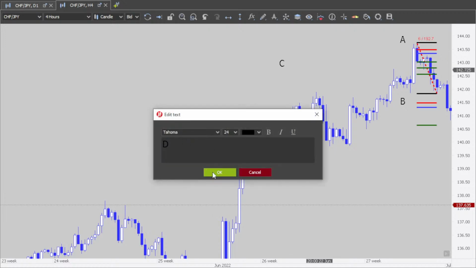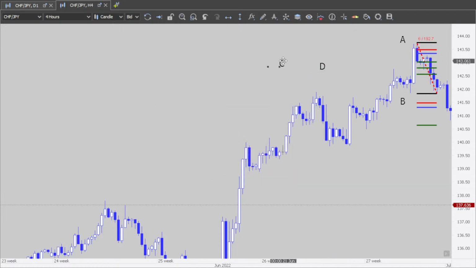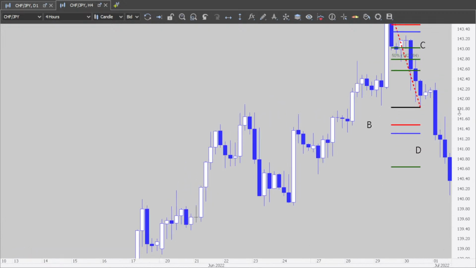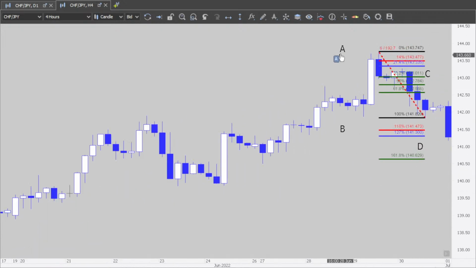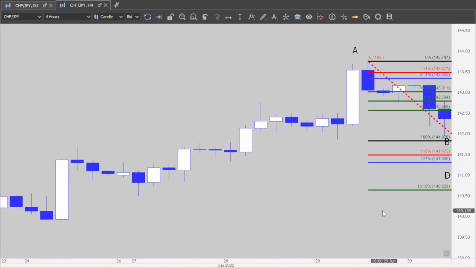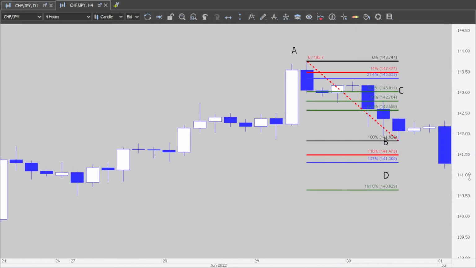A, B, C, D. So this is our first sequence, A, B, C, D, on the 4-hour chart. Let's make it bigger. A, B, C. This is our B. And we are here right now.